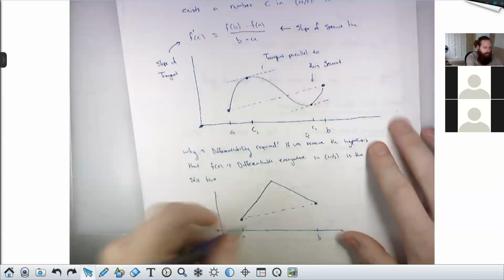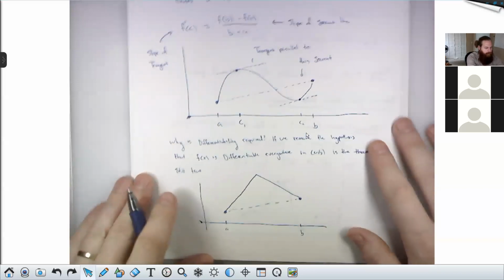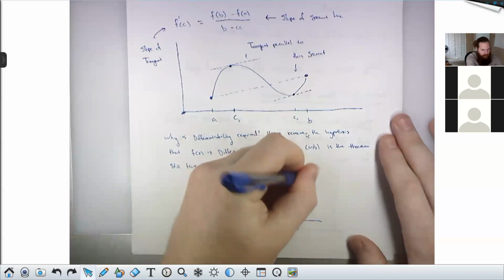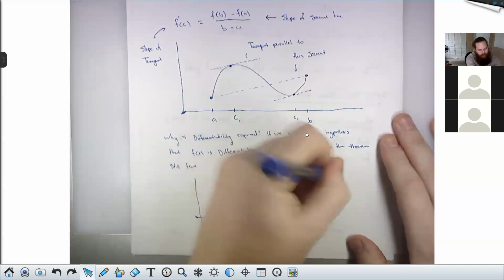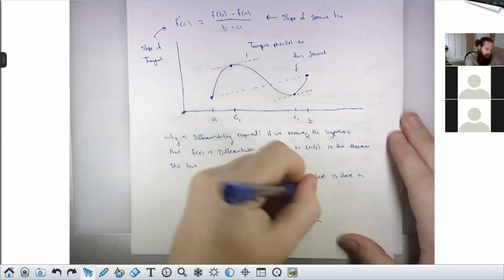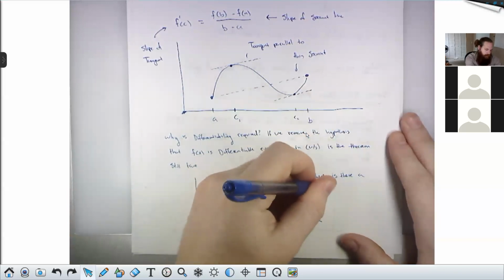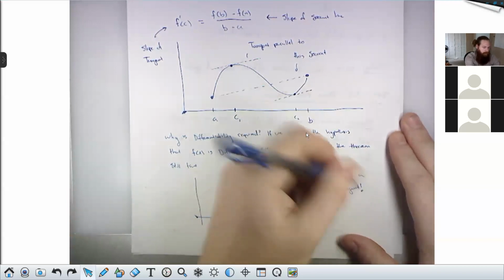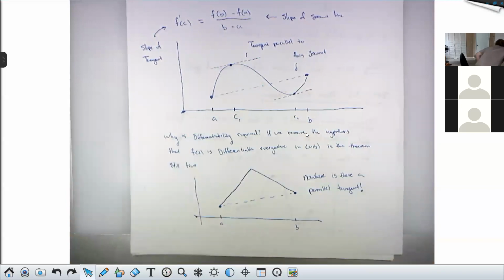Notice that nowhere in here is there a parallel tangent line. What do you think?